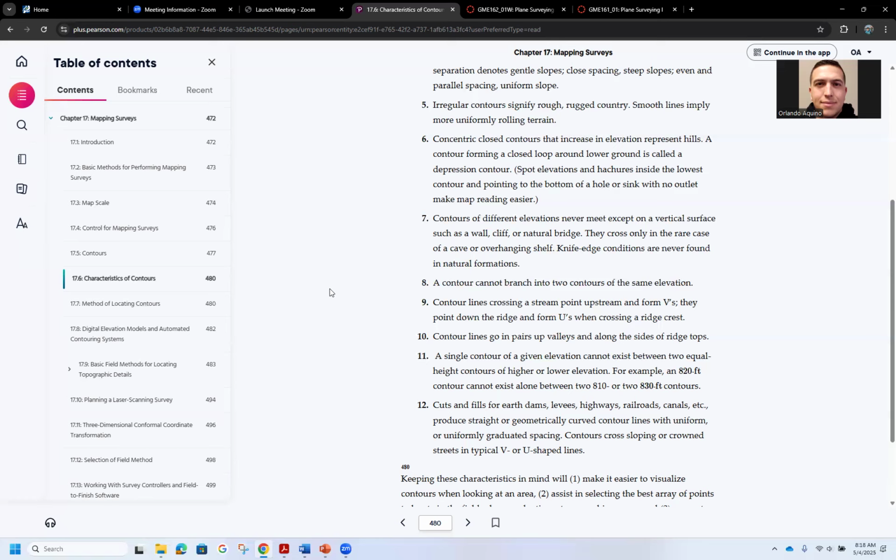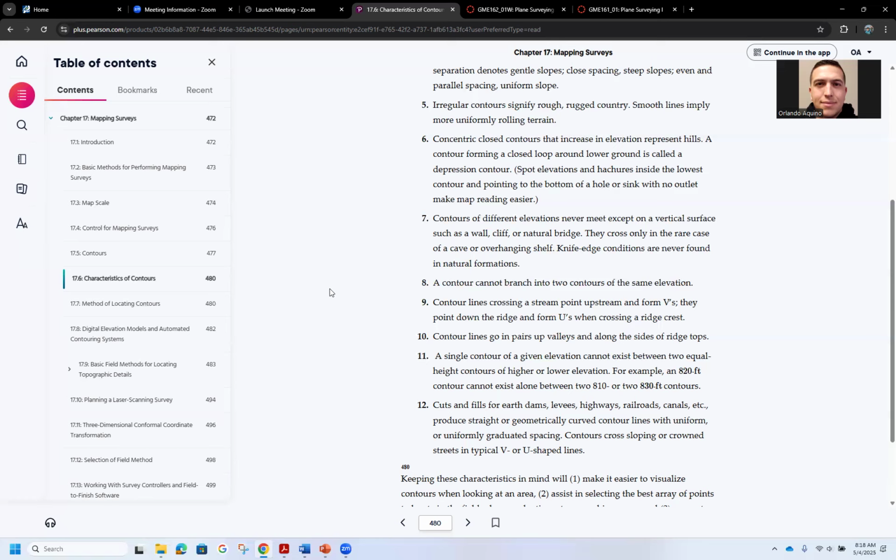Number 10, contour lines go up in pairs, valleys, and along the side slopes and sides of steep ridge tops. 11, a single contour of a given elevation cannot exist between two equal height contours of higher or lower elevation. For example, an 820 foot contour cannot exist alone between two 810 or two 830 contours.